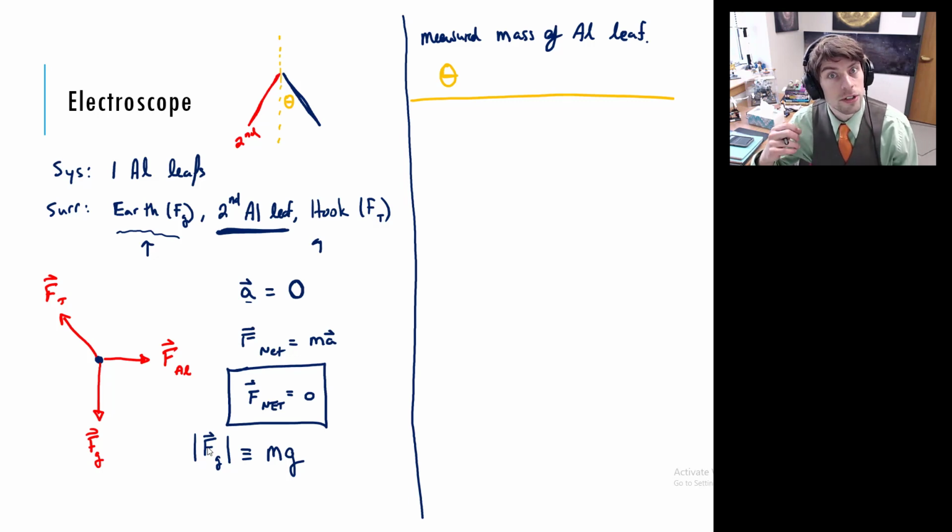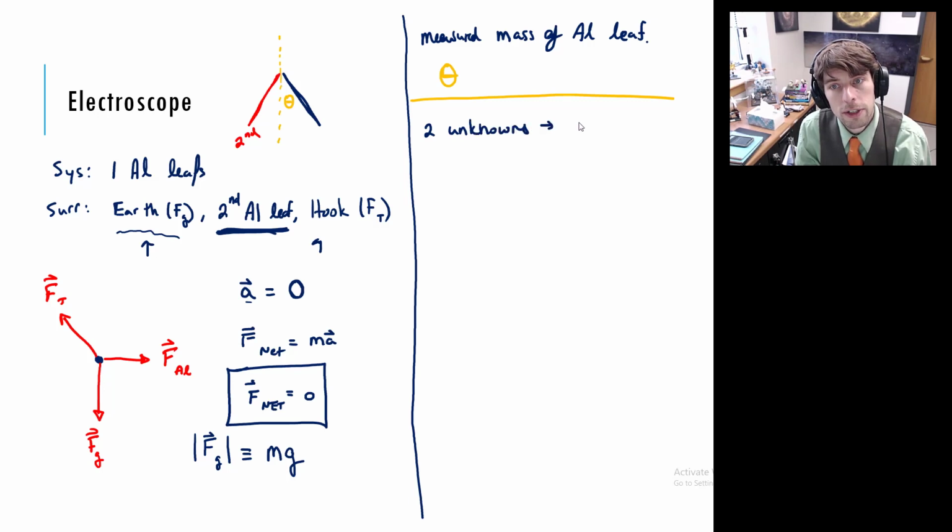Yeah, we don't have a good definition for the tension force of the hook acting on our system, and we don't have a definition for the force of the second aluminum leaf on the first. So we have 2 unknowns, which means how many equations are we going to need? Yeah, good. 2, right? We have 2 unknowns, and so we'll need 2 equations.